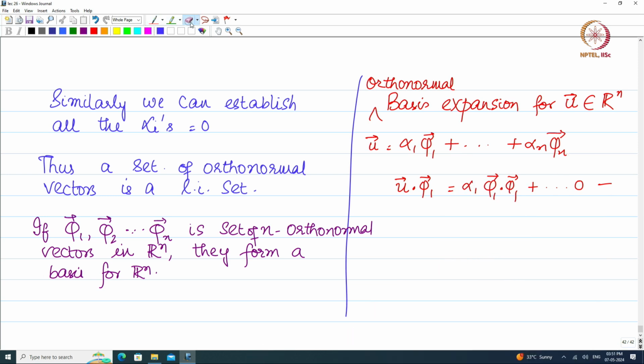So, I am just going to have this one, and phi 1 dot phi 1 is 1, which implies alpha 1 is equal to u dot phi 1.